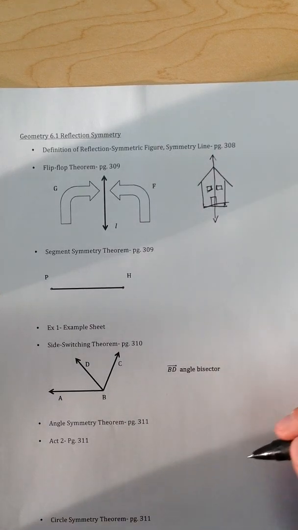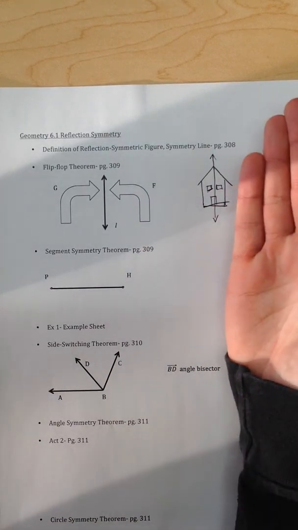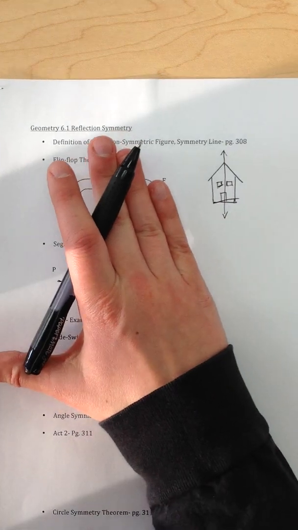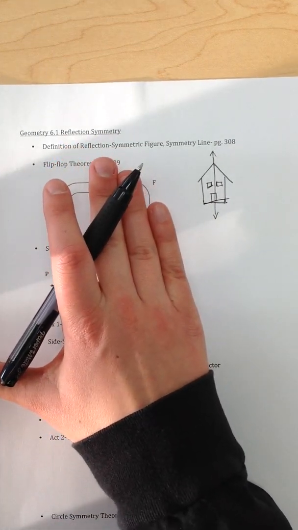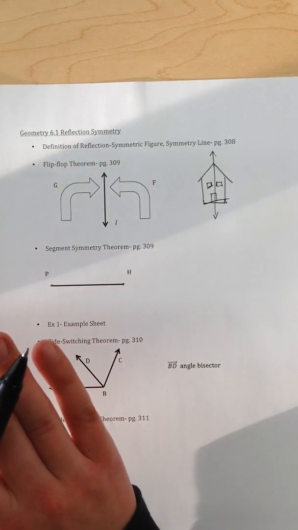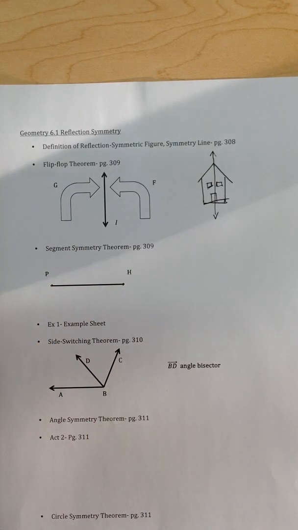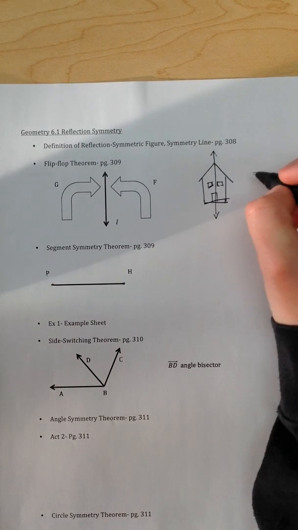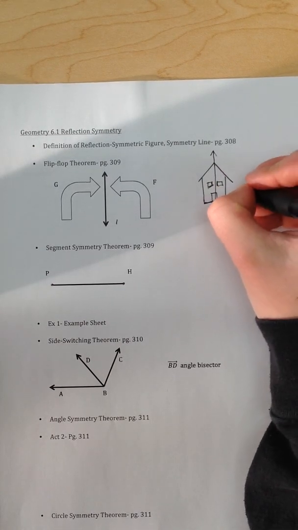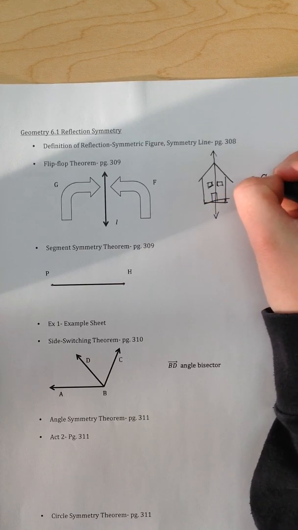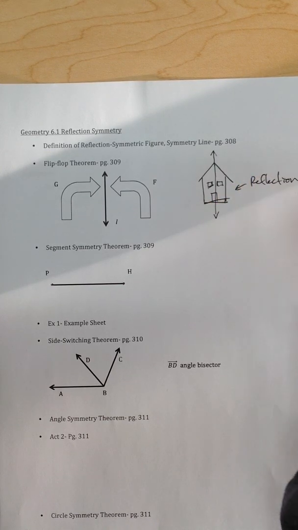Imagine that picture is a little better. But some line that cuts down the middle, so that if I took this half of the house and folded it over, it would look exactly like the other half. They have another picture in the book on page 308, of a lion, where if you folded it over, both sides would be exactly the same. So this full house would be a reflection symmetric figure.